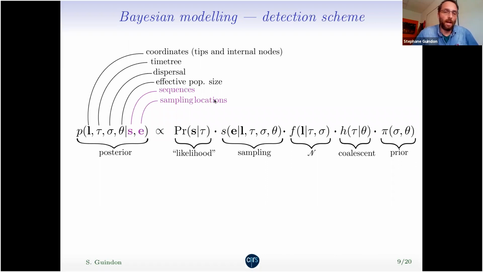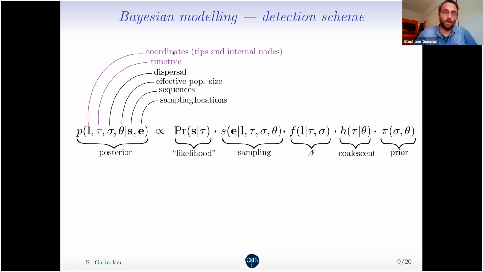And we also have observed sampling locations, right? The two parameters we are mainly interested in are the dispersal parameter, the dispersal rate, and the effective population size, because as you're going to see, we're using a coalescent here. So we have this effective population size parameter along with the coordinates of your lineages along the tree.